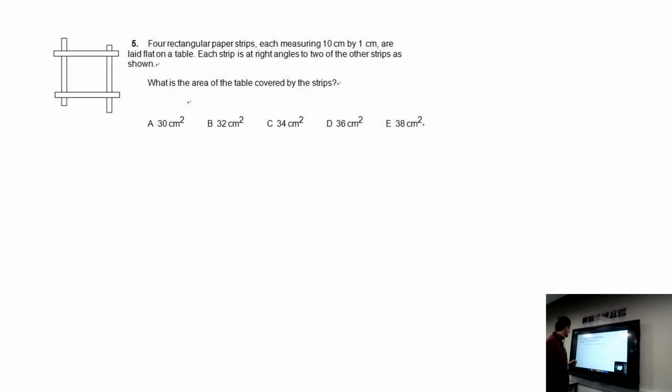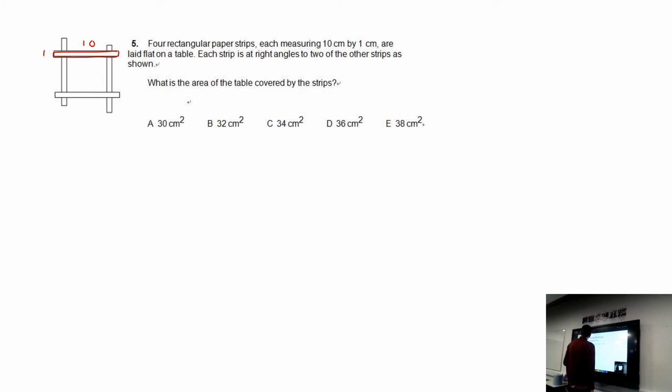Okay, so we want to work out the area of these 4 strips. So let's firstly work out the area of one strip. So one strip is this. We're told that this is 10, this is 1.